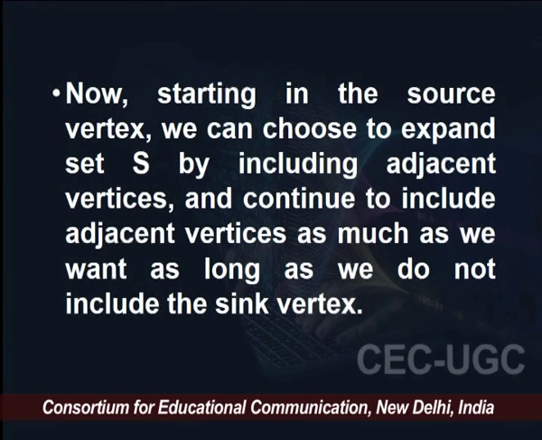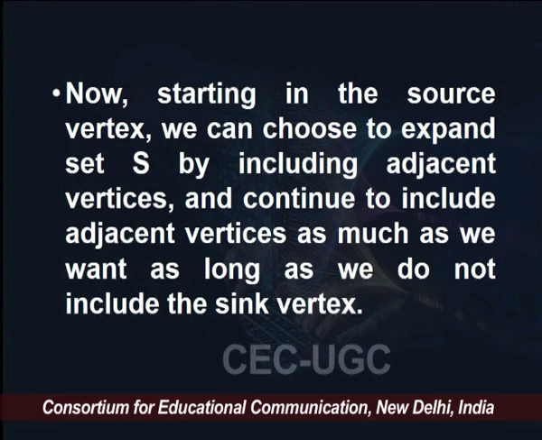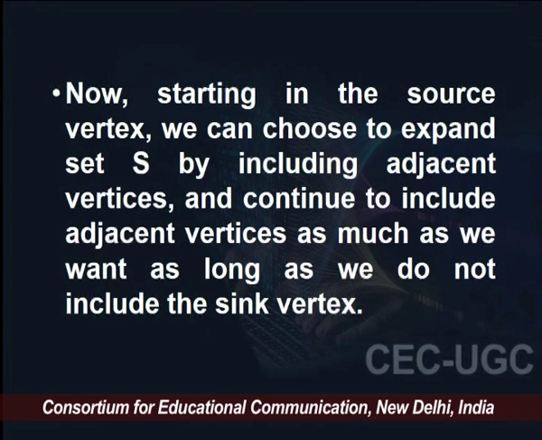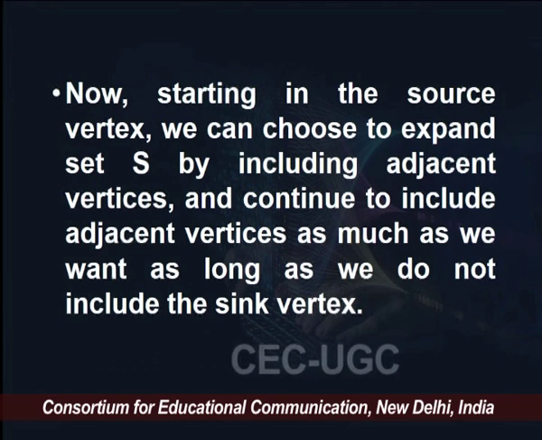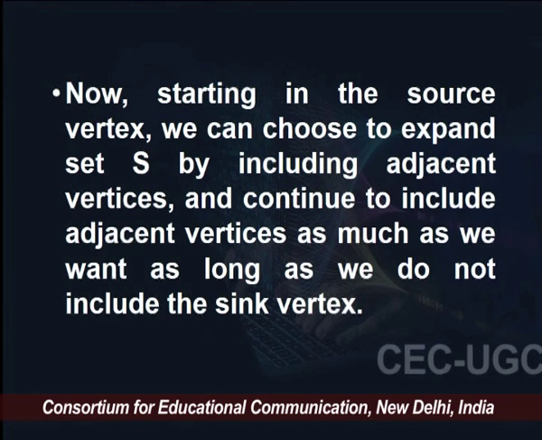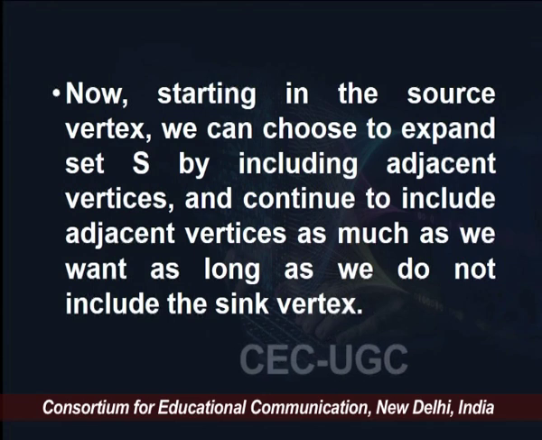Starting in the source vertex, we can choose to expand the set S by including the adjacent vertices and continue to include adjacent vertices as much as we want, as long as we do not include the sink vertex. So basically in the initial stage we have S and all other vertices in two different sets.